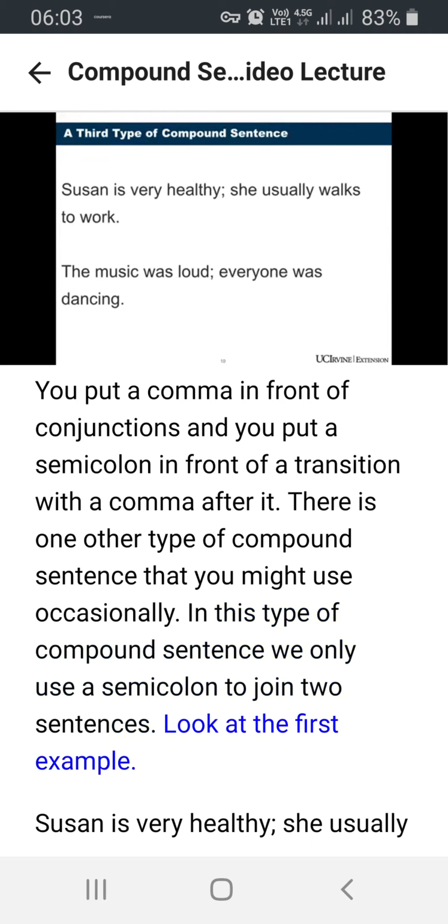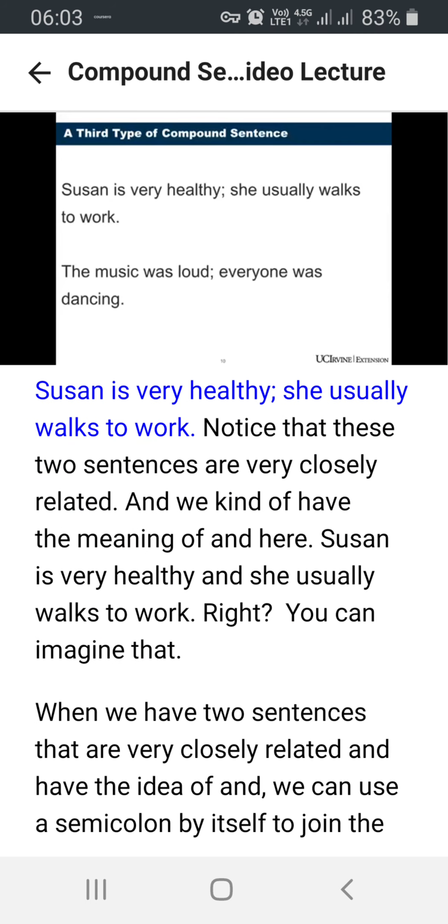Look at the first example. Susan is very healthy; she usually walks to work. Notice that these two sentences are very closely related, and we kind of have the meaning of and here. Susan is very healthy and she usually walks to work, right? You can imagine that.